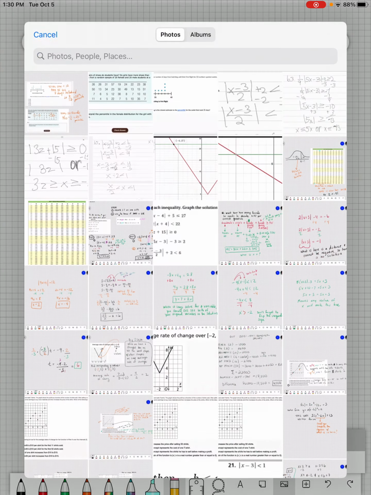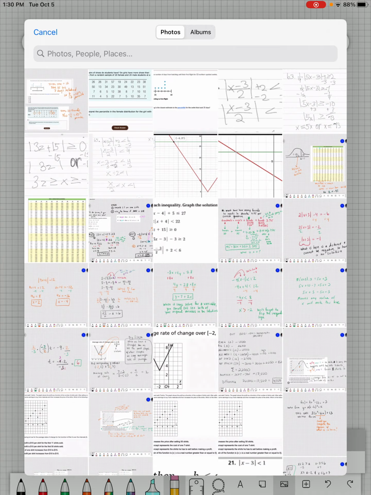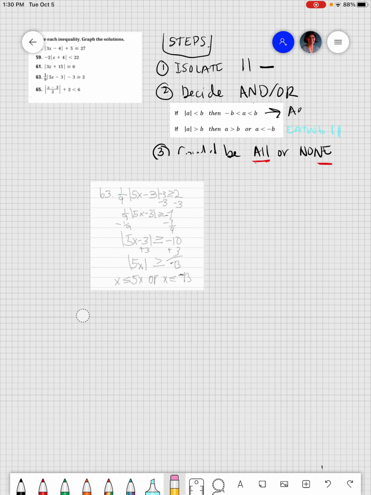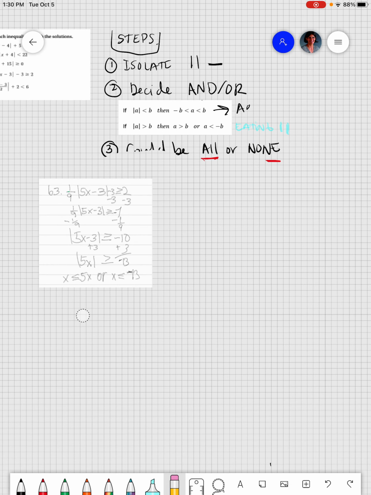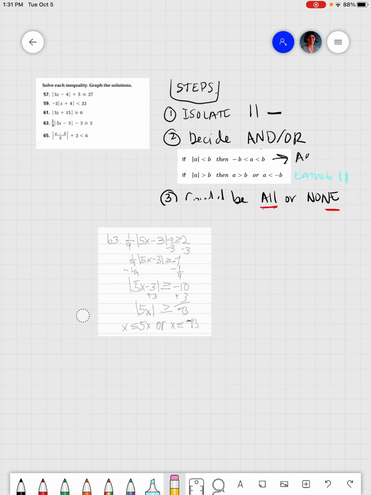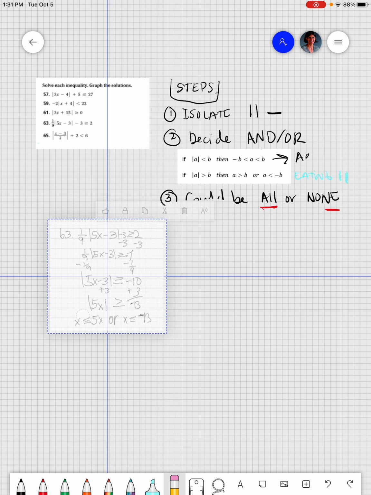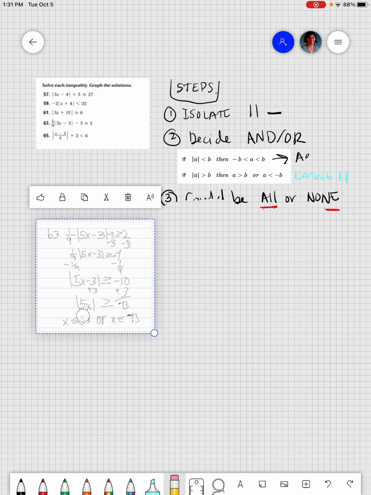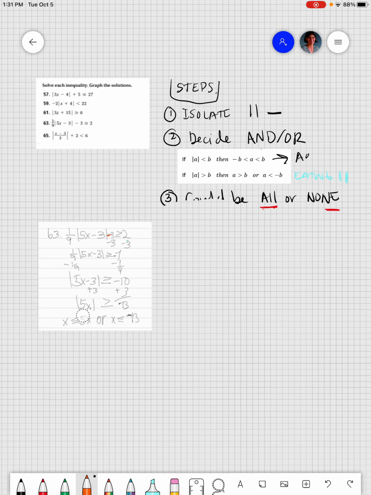All right, next we have, let's do this one. Let's go through our steps again. We need to isolate it, and right away what I see is subtraction here. When you see subtraction, you want to do addition. So I'm going to have 1/9 times the absolute value of 5x minus 3 greater than or equal to 5.